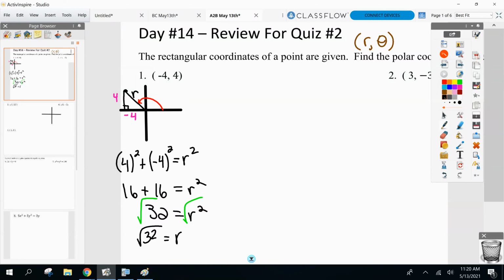Let's go. I'm going to use tangent. So to find theta, I'm going to always use tangent. And remember, we're going to be doing inverse, so the -1 button on the calculator. We're always going to go second tangent. Opposite side over adjacent side. Opposite over adjacent.